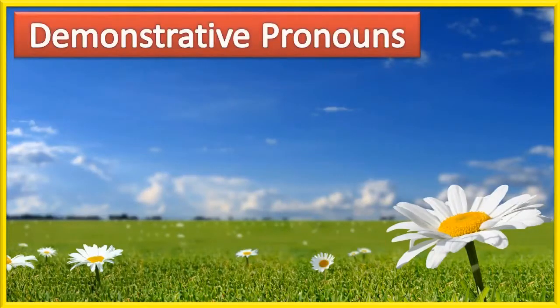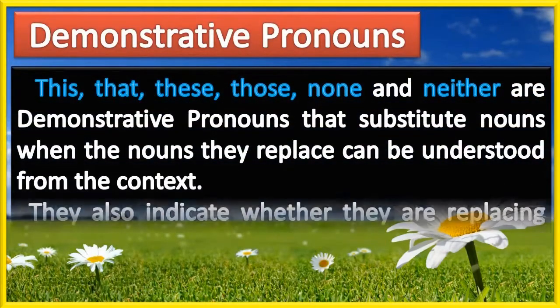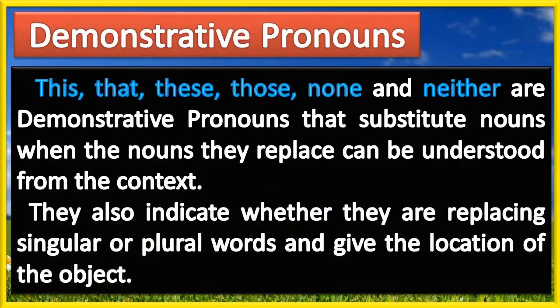Demonstrative pronouns. This, that, these, those, none, neither are demonstrative pronouns that substitute nouns when the nouns they replace can be understood from the context. They also indicate whether they are replacing singular or plural words and give the location of the object.